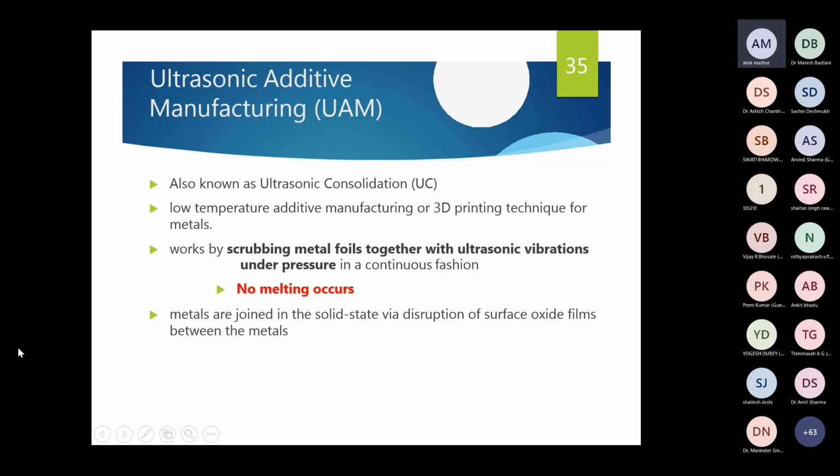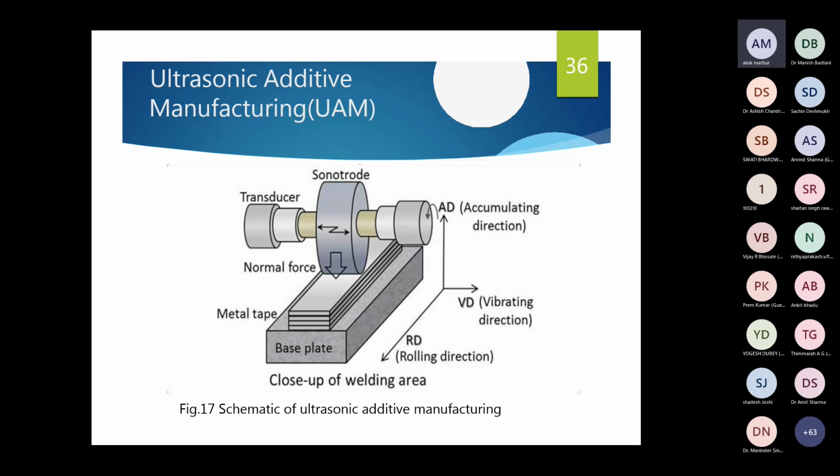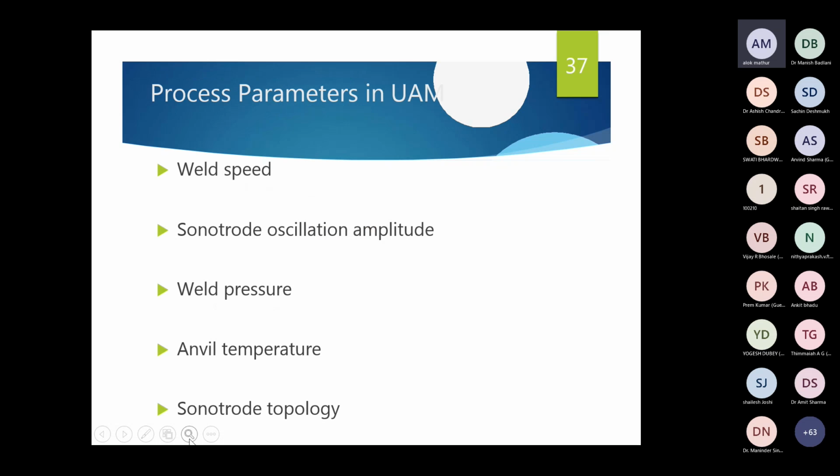So how does this work? UAM, ultrasonic additive manufacturing. This is the schematic setup for ultrasonic additive manufacturing. This is how the sonotrode is moving over the surface, and ultrasonic vibrations are used to produce the additive manufacturing job.